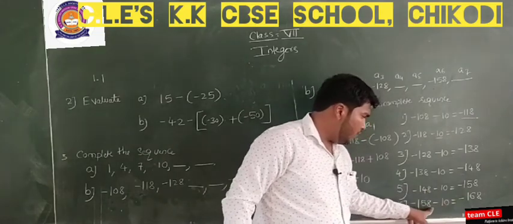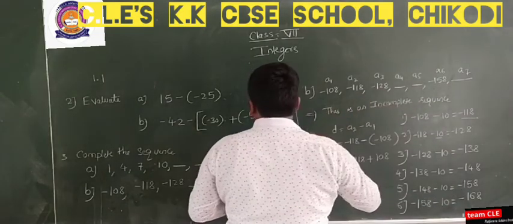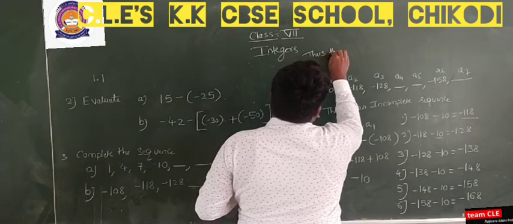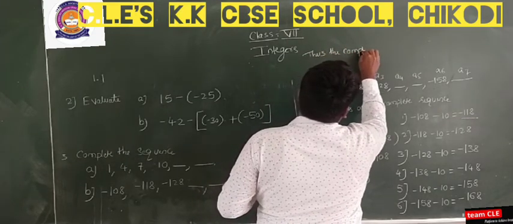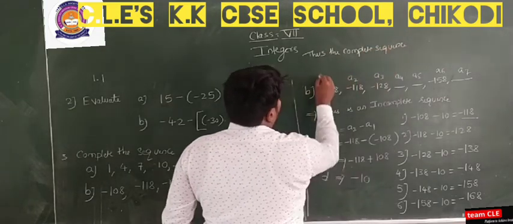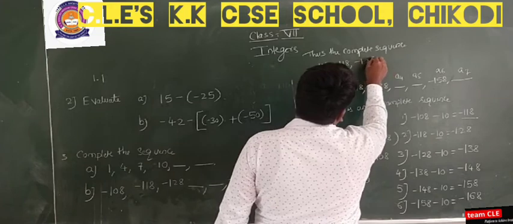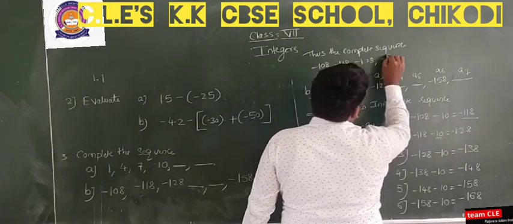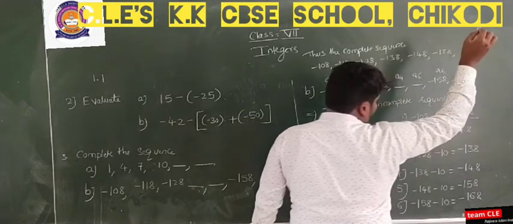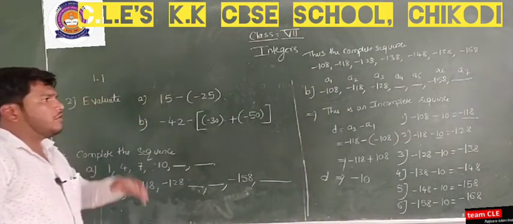Minus 158 add minus 10, you get minus 168. Thus the complete sequence is minus 108, minus 118, minus 128, minus 138, minus 148, minus 158, minus 168. Okay, so this is the complete sequence.